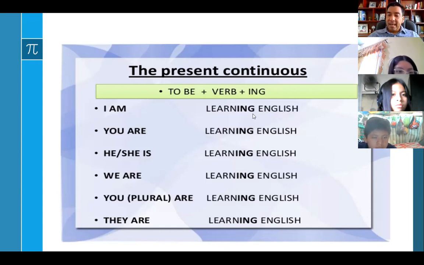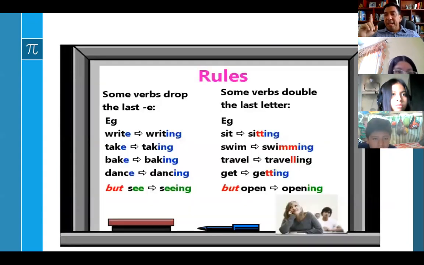All right. Now, let's continue. Be careful. There are some rules that we have to respect when we use the present continuous. The first rule, let me see.